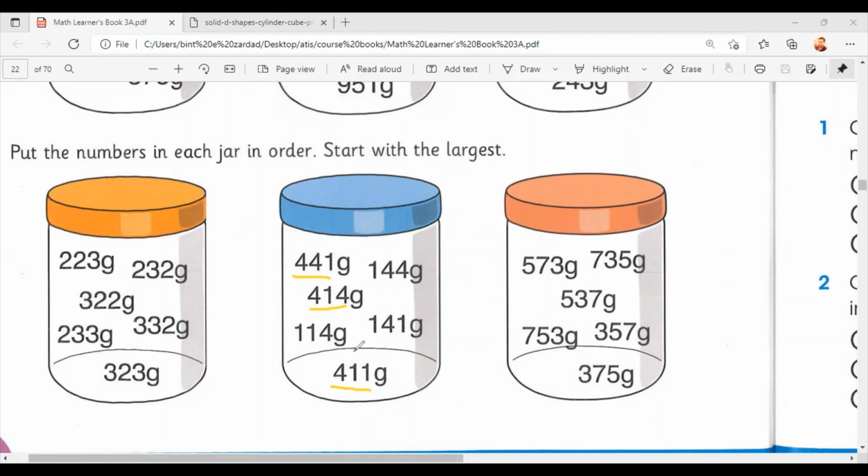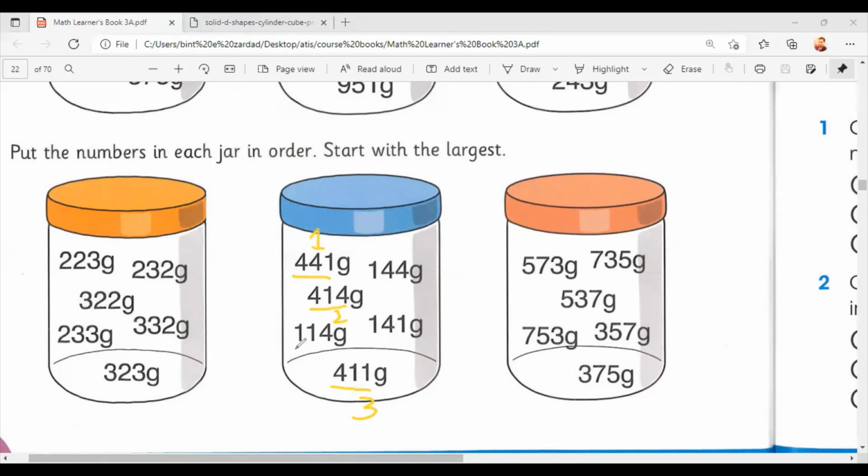Which one smallest? Obviously 11 smallest as compared to 41 and 14. The second, I will choose the largest number, not smallest. So 441, 414, and 411. So skip 400 and choose the last two digits: 11, 14, and 41. 41 is the largest number, the first one. Then 14, the second largest, and 11, the third largest number.